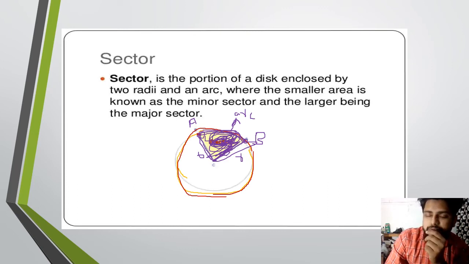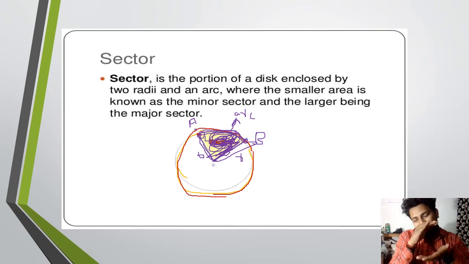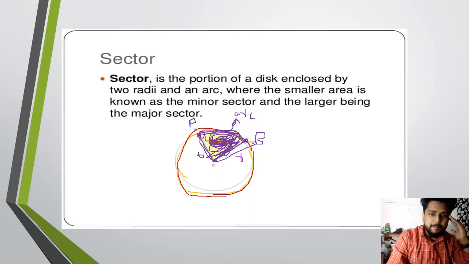A sector is also of two types: major sector and minor sector. As we studied in our previous slide, minor is small, chota, and major is big, bada.